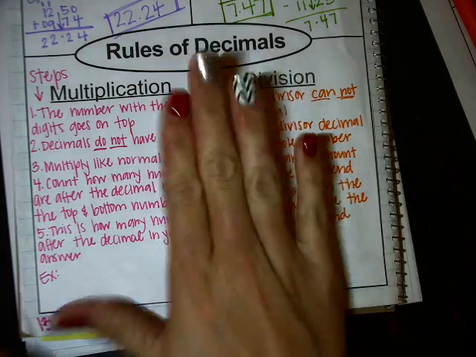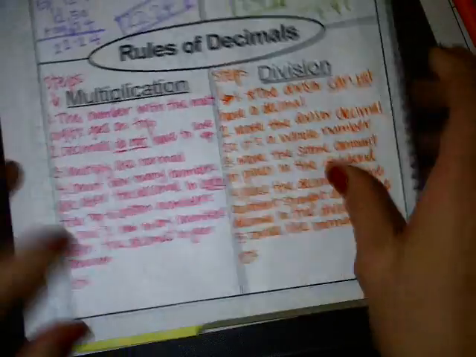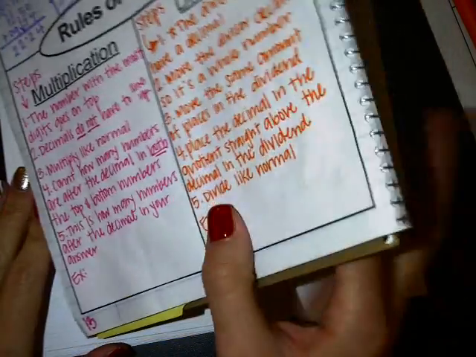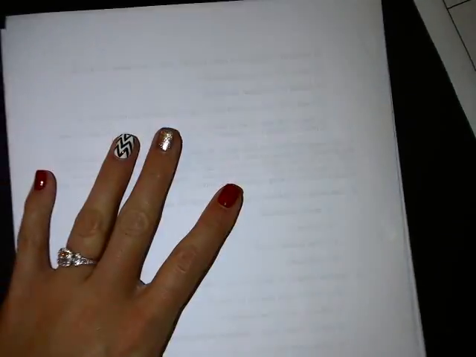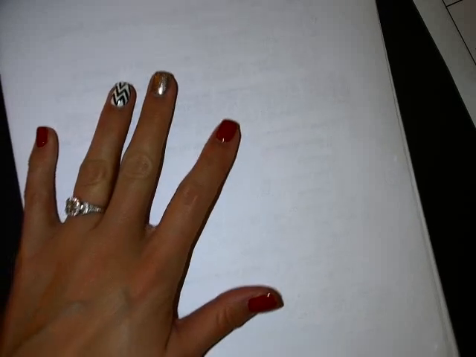Okay, so for multiplication, you can do yours down here. I just want to be able to write big enough, so I'm going to do mine off to the side. But let's do the example.